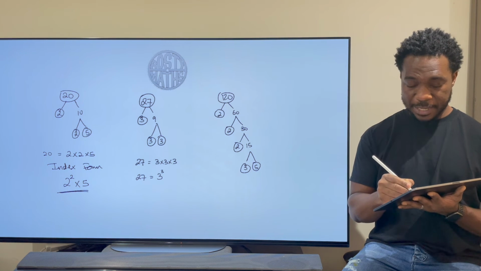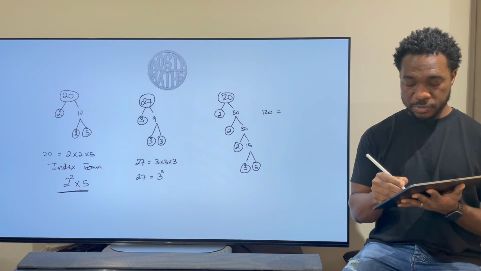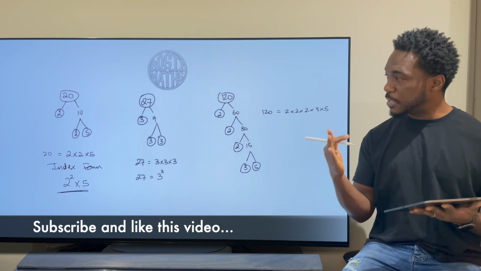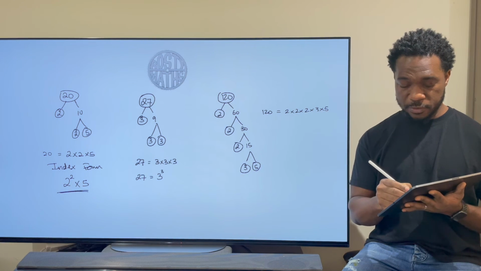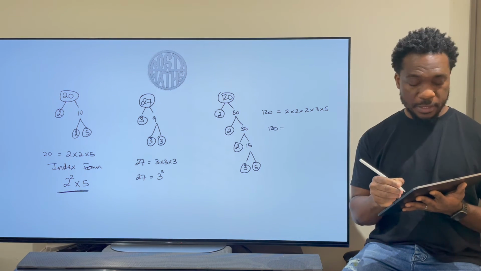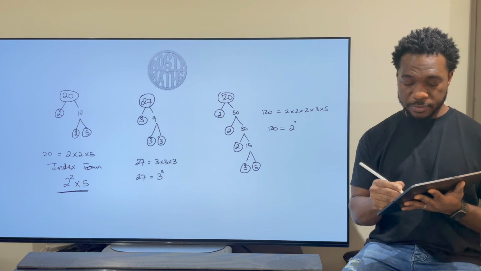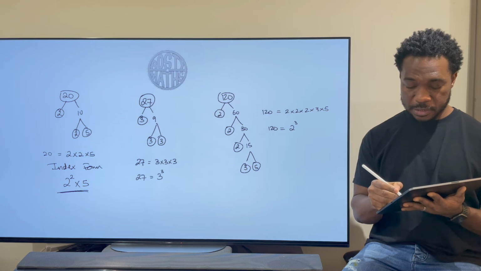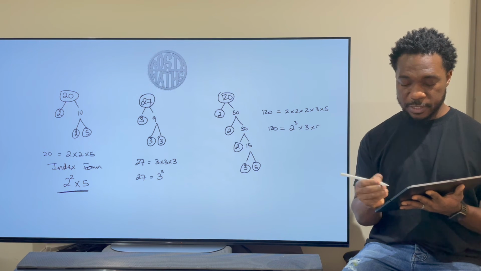So that means that 120 is going to be 2 times 2 times 2 times 3 times 5. Or to keep it nice and neat in index form, 120 is equal to 2 to the power 3, because we've got 1, 2, 3 2's there, times 3 times 5.